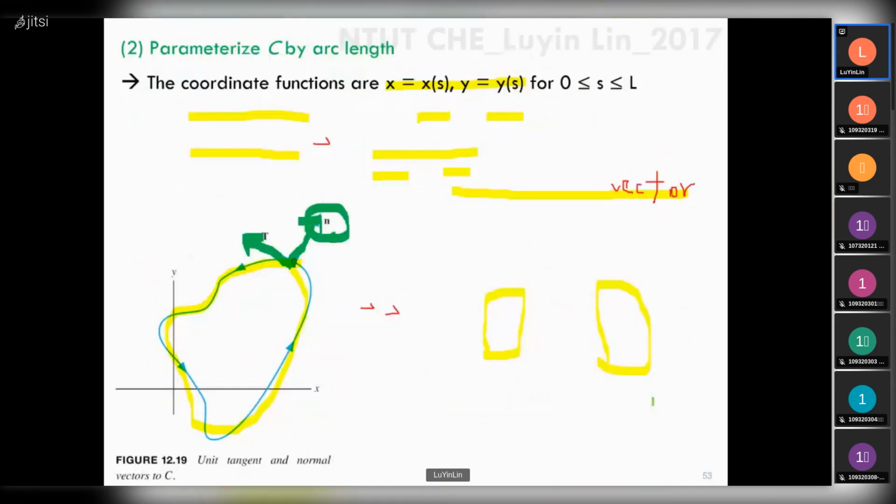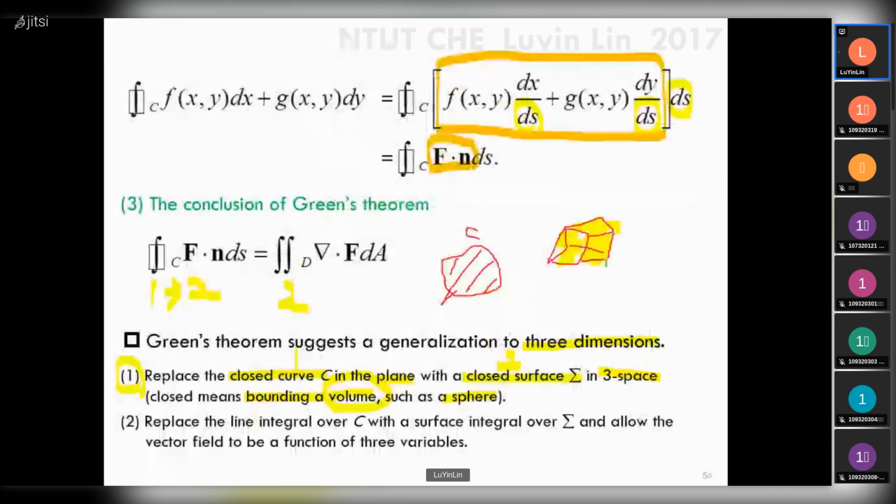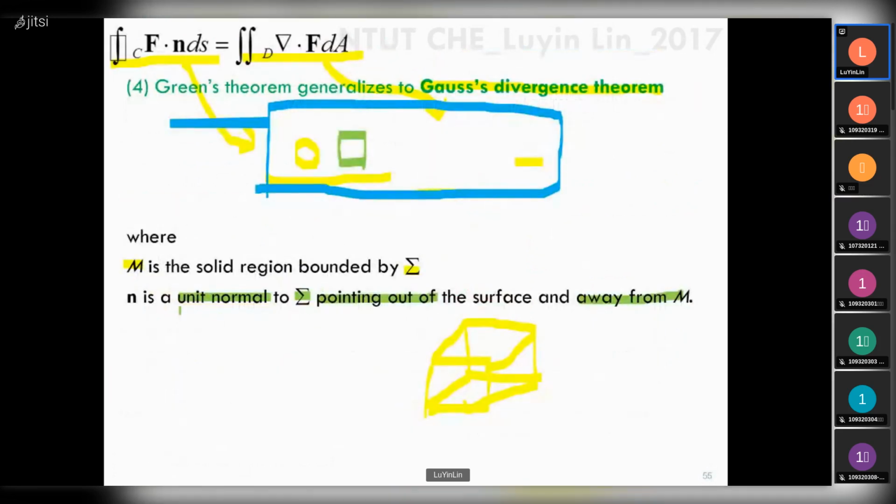Where is N? Here, the unit outer normal vector. You will know this when I talk about an example. Remember, unit outer normal, three things. Normal to sigma.